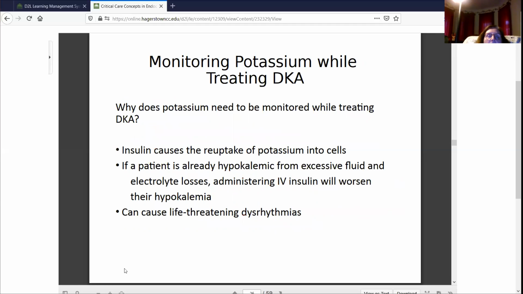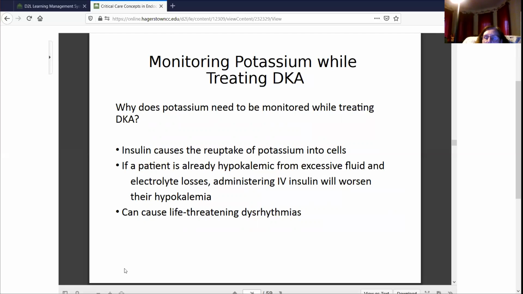Okay. So monitoring potassium while treating DKA. Why does it need to be monitored? We know that insulin causes the reuptake of potassium into cells. If a patient is already hypokalemic from excessive fluid and electrolyte losses, administering IV insulin will worsen their hypokalemia, and that will cause life-threatening dysrhythmias.